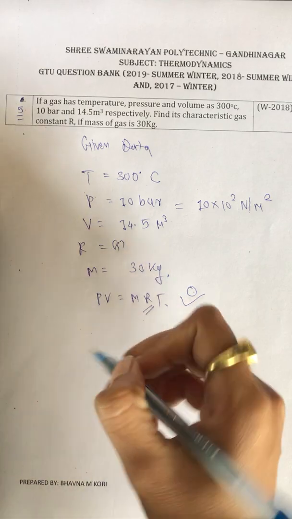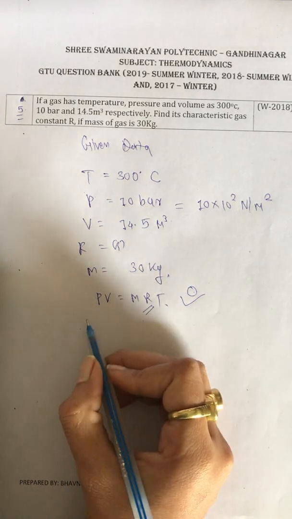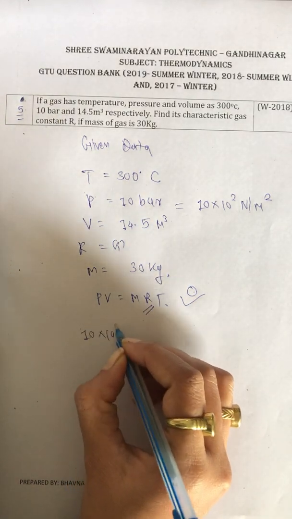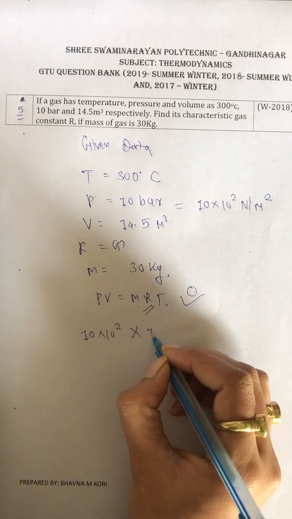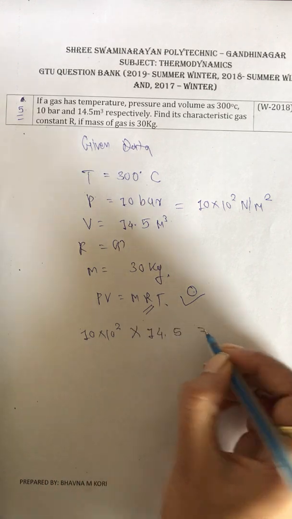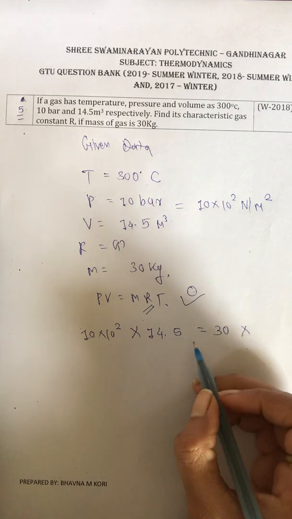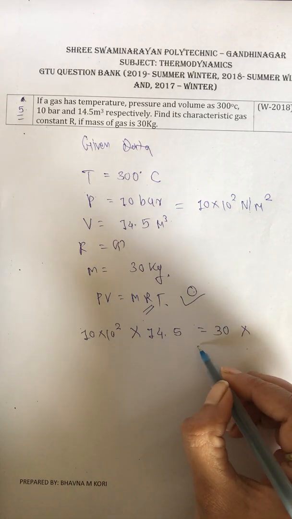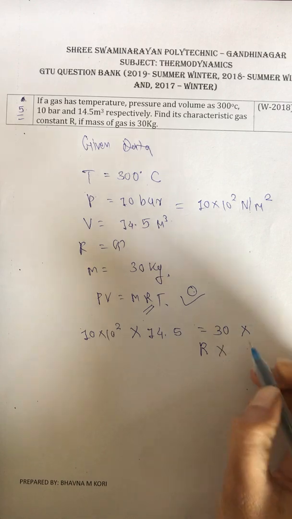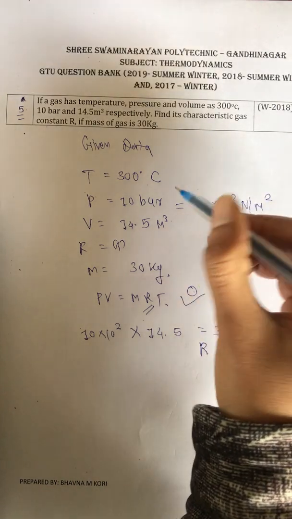From this equation we can easily find the value of R. Okay, put all the values in this equation. Pressure, that is 10 into 10 raised to 2. Volume, that is 14.5 is equal to mass. Mass is 30 multiplied by R. We have to find the value of R. And temperature, that is 300 degrees Celsius.